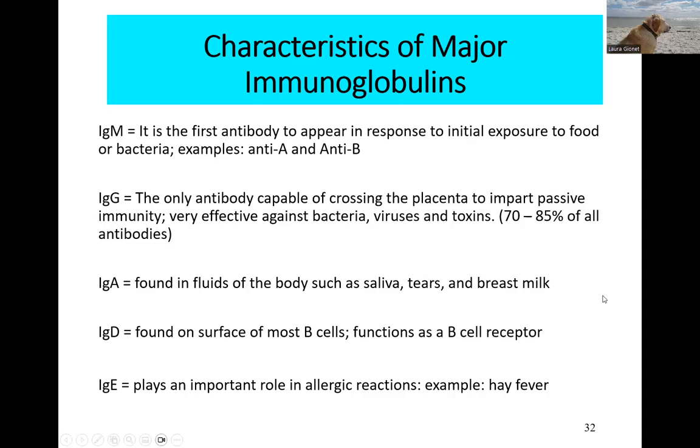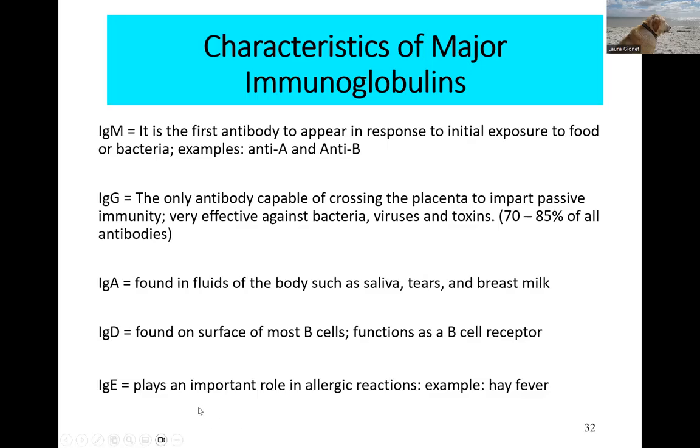The IgAs are found in fluids of the body, so IgA antibodies will be transported through saliva, tears, and breast milk. So again, breast milk after birth is another way of imparting some passive immunity to the infant. IgDs are the ones found on the surfaces of most B lymphocytes or B cells, and they function as a B cell receptor.